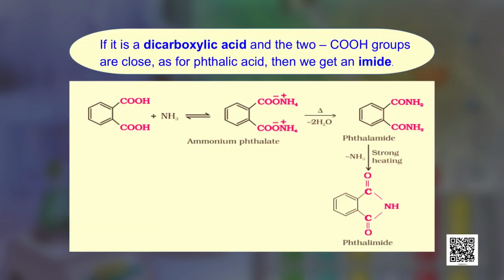If now we start with a dicarboxylic acid and the two COOH groups are very close to each other, as in case of phthalic acid, we will be getting finally an imide. You will be getting first here the ammonium salt, which will be ultimately giving you an imide here.